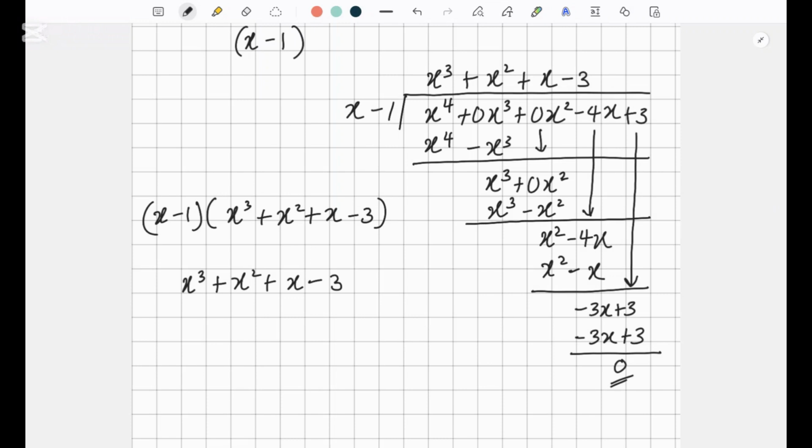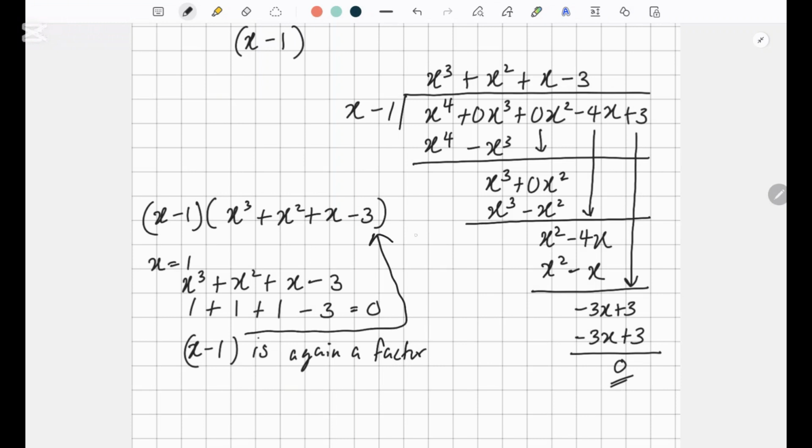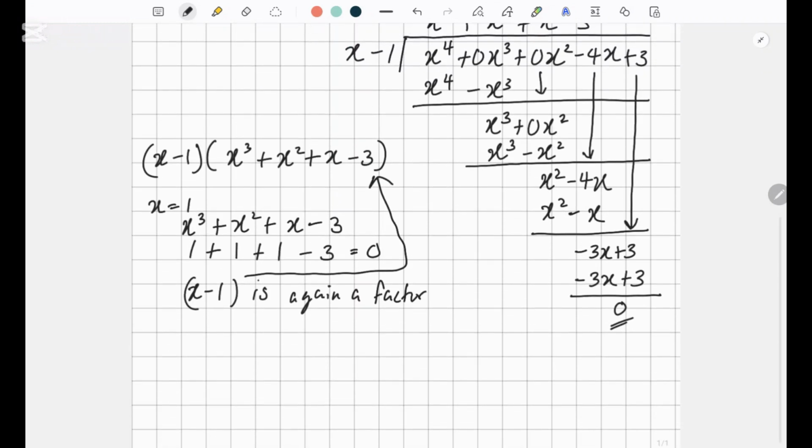So it's 1 cubed plus 1 squared plus 1 minus 3, which gives you 0 when x equals 1. So again, x minus 1 is a factor, and you could use x minus 1 to divide the cubic polynomial.